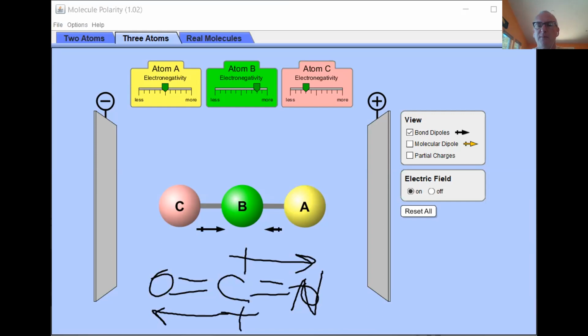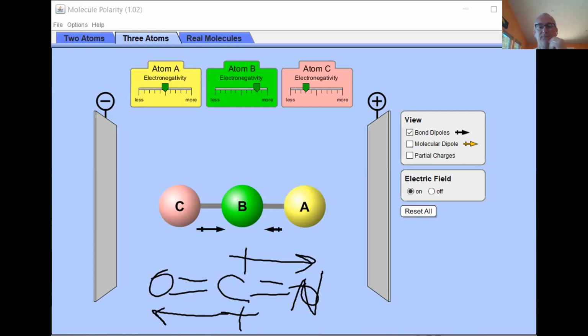So the way we refer to the molecular dipole is basically the net polarity of all the bond dipoles added together, taking into consideration two things: the size of them and the shape of them. So that's why the shape of the molecule is just as important in determining whether it's polar or not as the bond dipoles. Is that clear for everyone now? Hopefully.